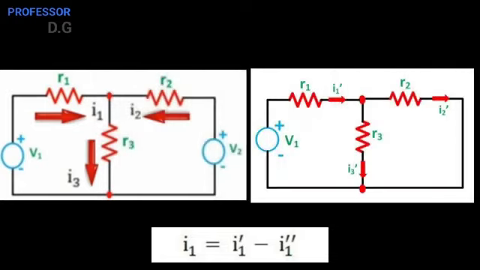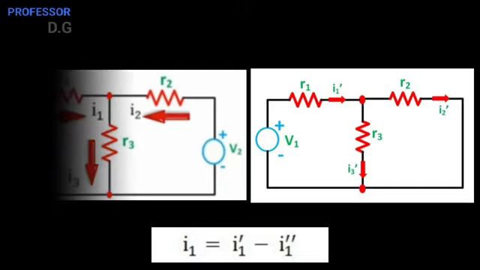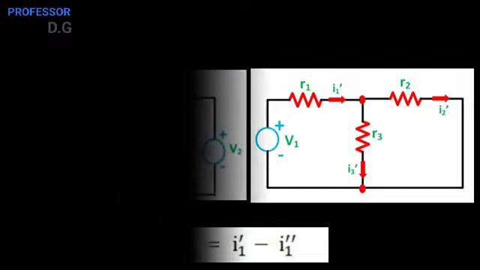Actually, I1 dash is maintaining the similar direction of the actual circuit current I1. So that's why I1 dash has been considered as positive. On the contrary, I1 double dash is in the opposite direction of the actual current direction I1. That's why I1 double dash has been considered as negative.